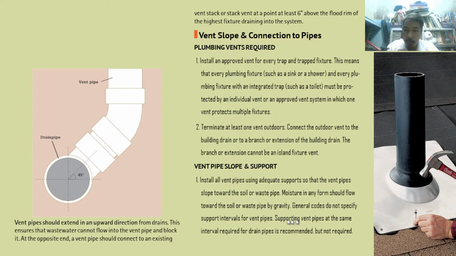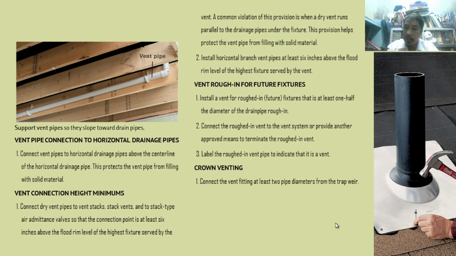Supporting vent pipes at the same interval required for drain pipes is recommended but not required. So we need the support, but supporting it with some fixed spacing is not required. I think there is a maximum, for safety.